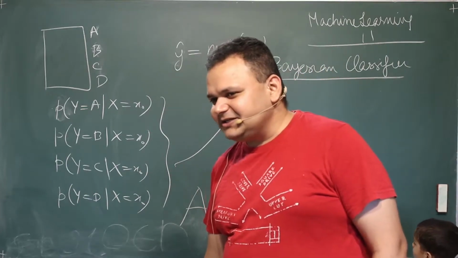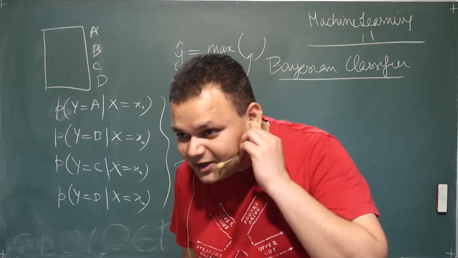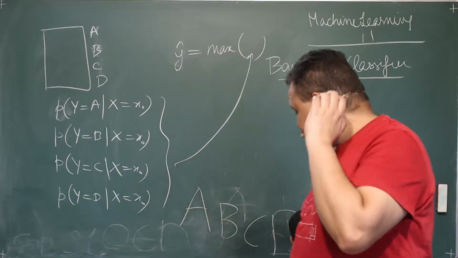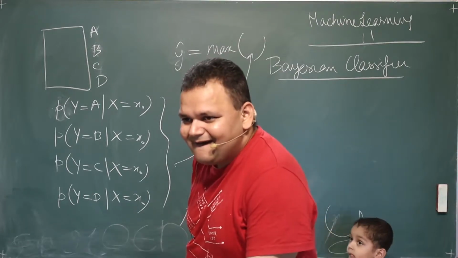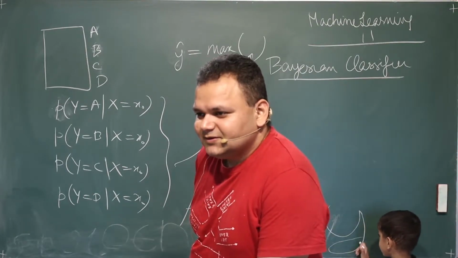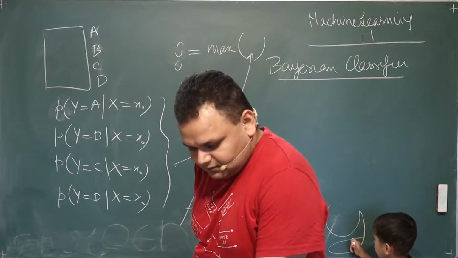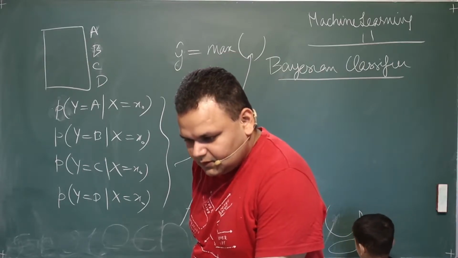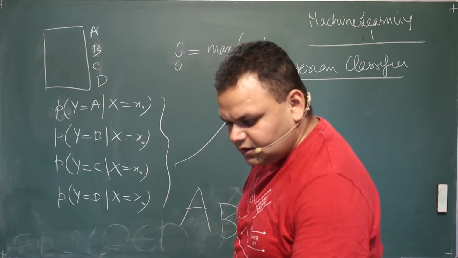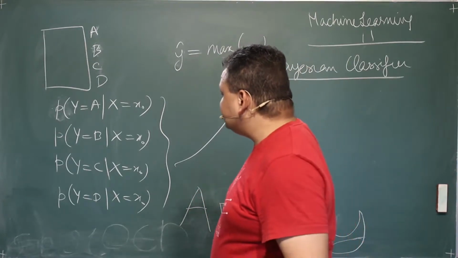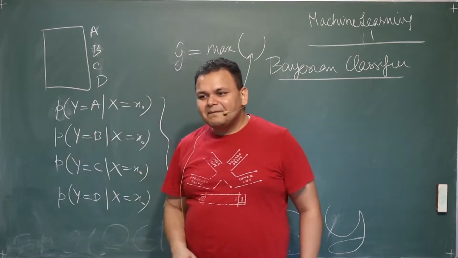Do you have a question now? Was it Vaishnavi or Tanya who asked this question? Sir, I asked. Isn't that what it already was? What's the difference between this and the previous classifier? The only difference is how you define this probability.